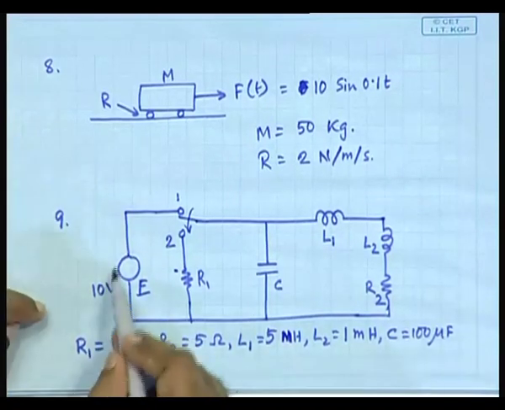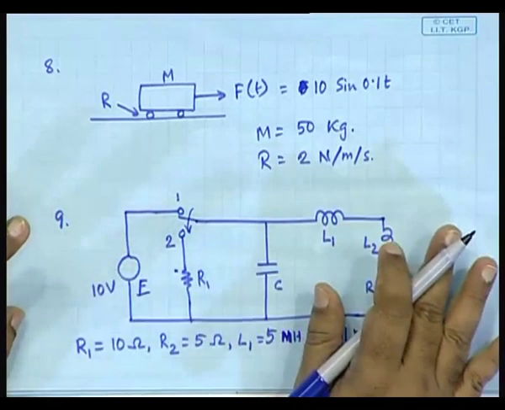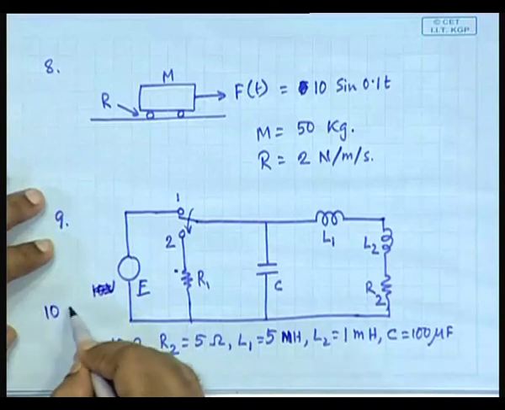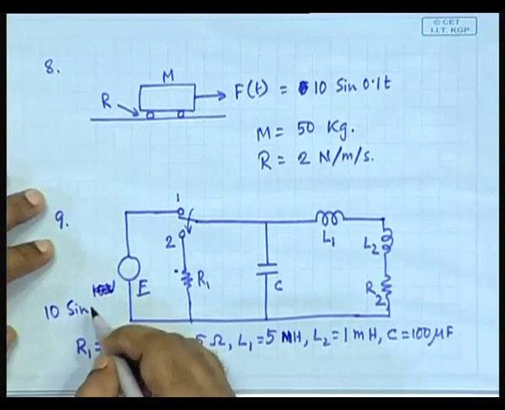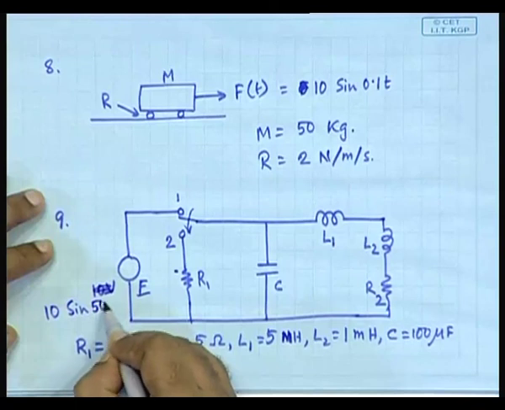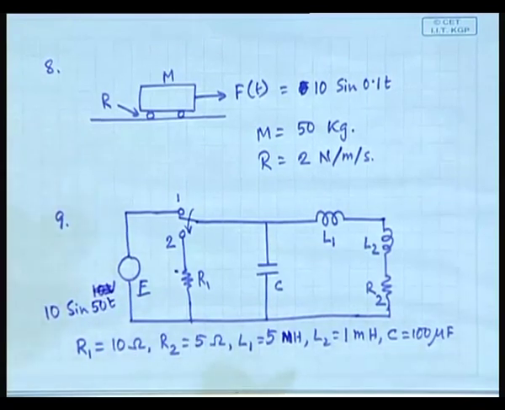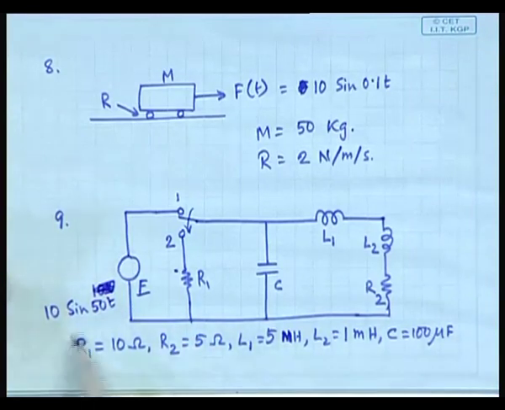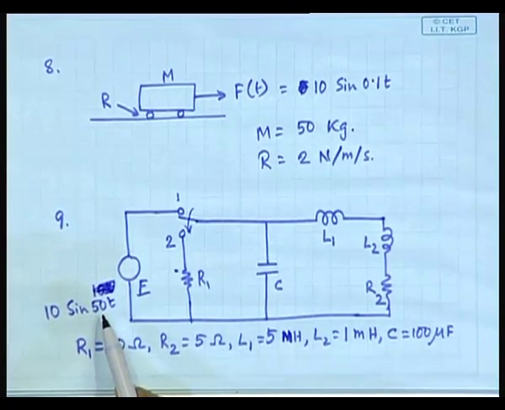As I said, initially assume it to be DC and solve this problem, but then also do it for 10 sin 50 t. Okay, where E is 10 sin 50 t. Any problem? Fine.